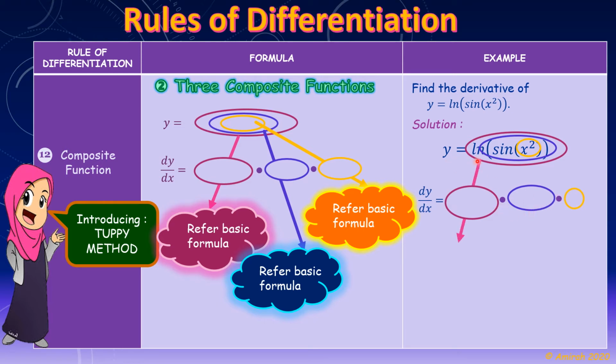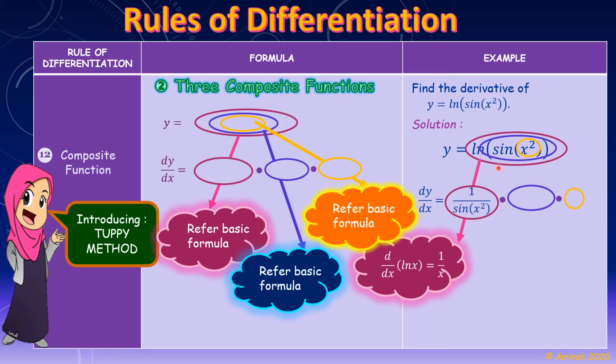Then to differentiate the outer function, which means to differentiate the ln function, we refer to the basic formula for the derivative of ln x. When we differentiate ln x, the formula is 1 over x.